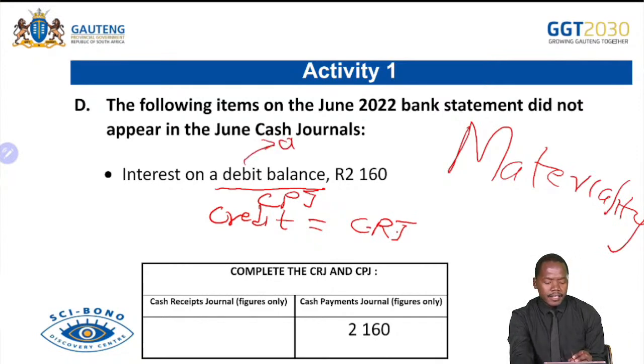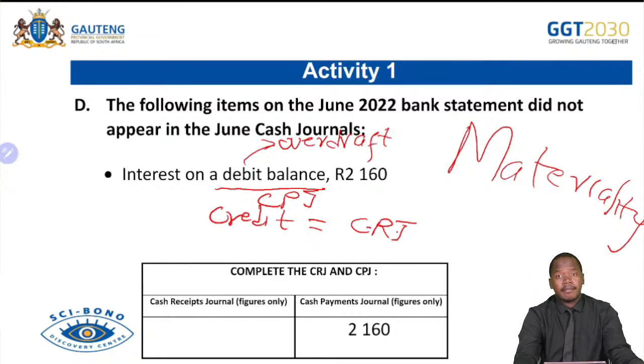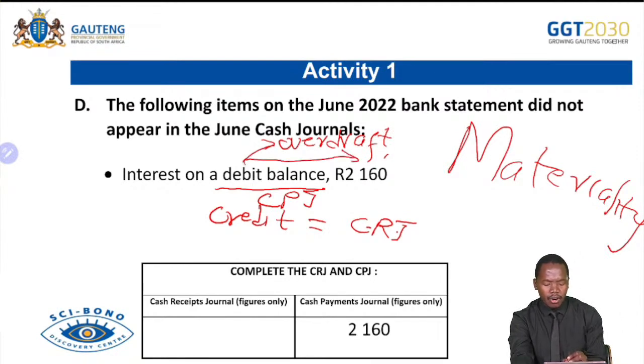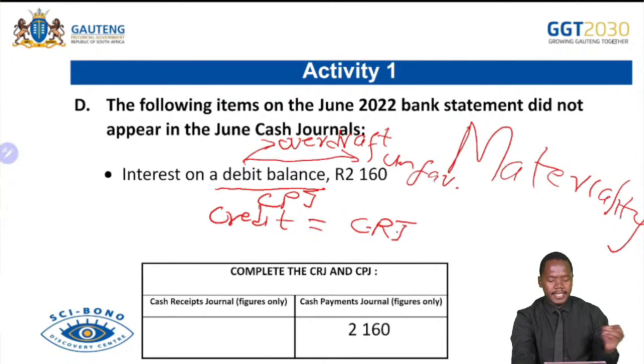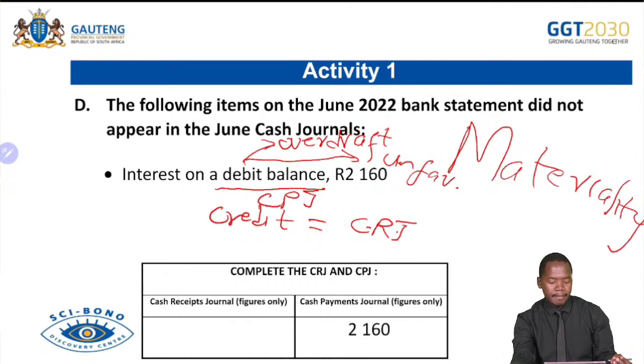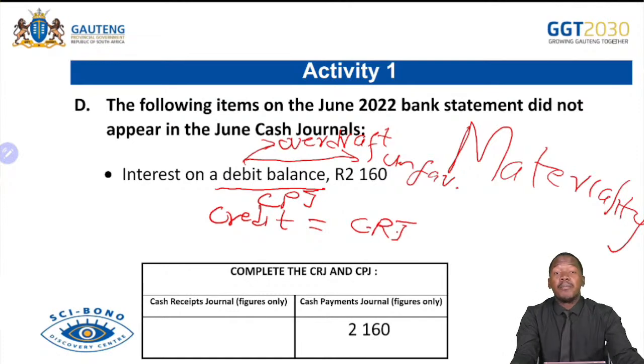If they are not saying debit balance, they can say interest on overdraft, or interest on unfavorable balance. Please remember that, grade 12s. Maybe next time you may be given interest on credit balance, and you must know that should be recorded in the cash receipt journal.